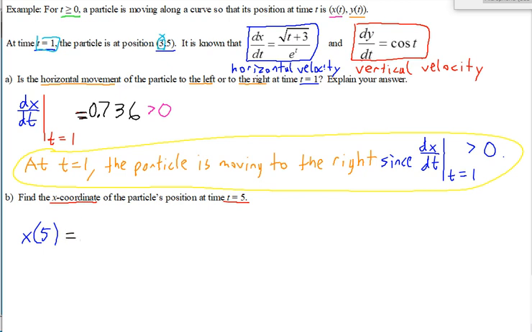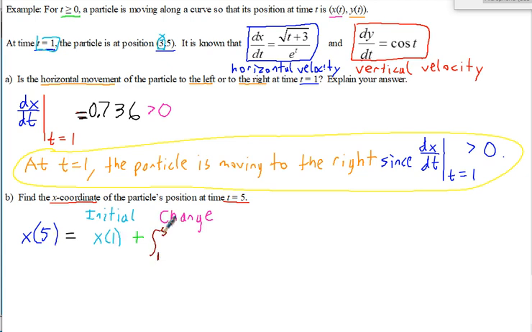So the initial here that we know is, I'm going to first just write it as x of 1 because we know what it is at time 1, even though we know that's equal to 3 here, plus the change, remember, is represented by the definite integral. In this case, from wherever your initial is goes as your lower limit to wherever you're trying to find it, which is 5.